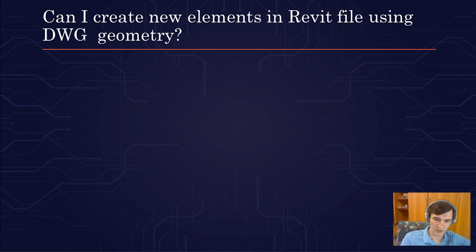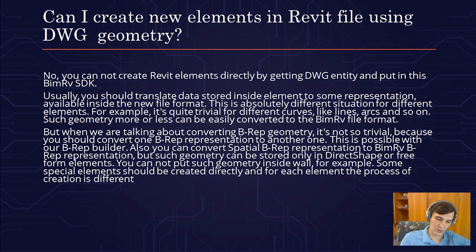The next question: can I create new elements in Revit files using DWG geometry? No, you cannot create Revit elements directly by getting a DWG entity and putting it into the BimRv SDK.